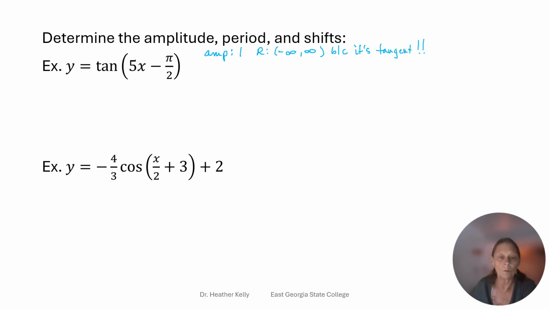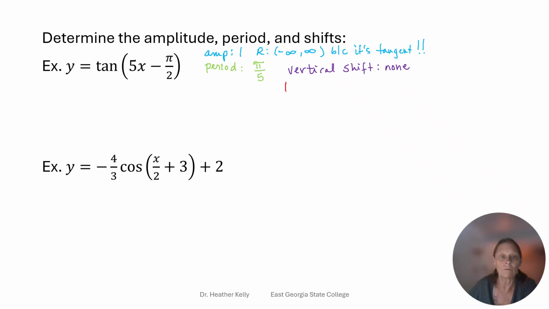Our period is pi over 5, because for tangent it's pi divided by the number in front of x. Vertical shift, none.